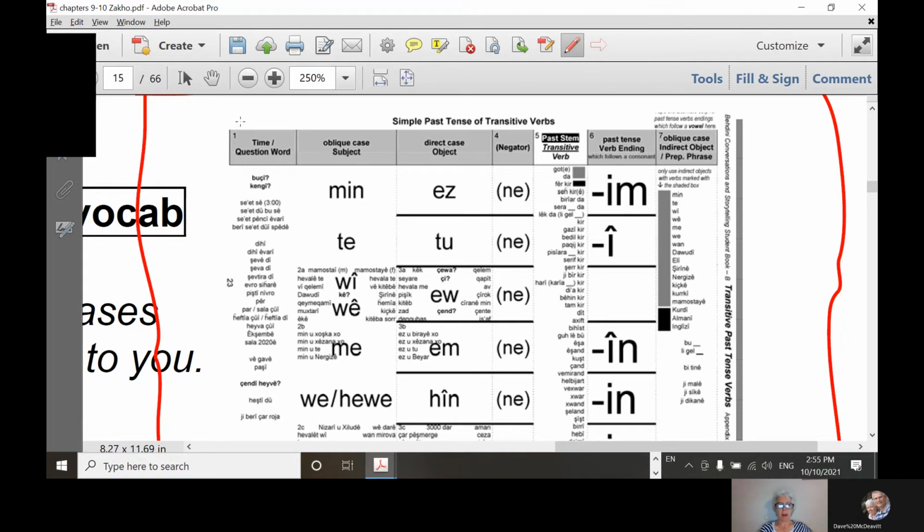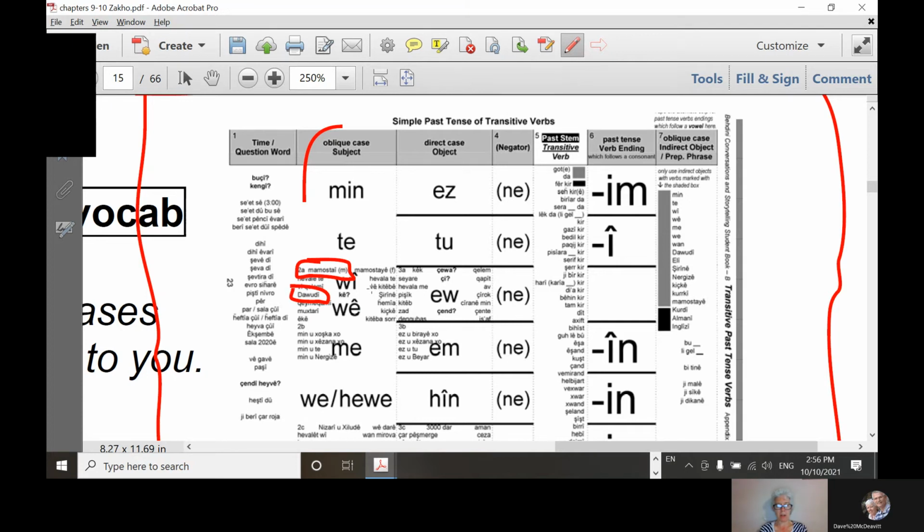So over here in column 1, you have time and question words. Okay, that doesn't affect it. In column 2, you have your oblique case subjects. Min, ta, we, ma, wa, wan, or hawa. Or you can put like mamos, da, if it's a masculine teacher. Or Daudi, if it's a masculine name, you're going to put that E ending on it.